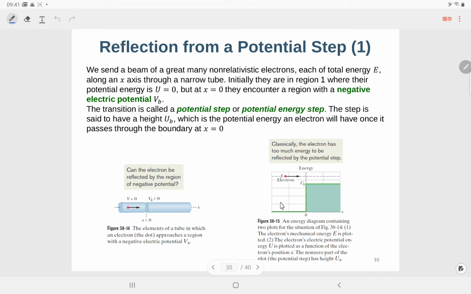So this left side is region 1. And the potential is 0.